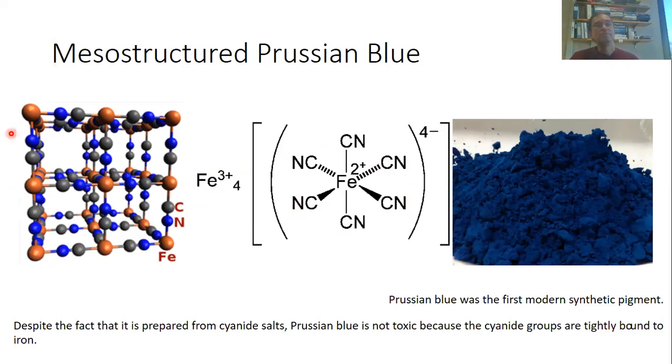And you see here the final structure that results. So this is a cubic structure, okay, in which the iron 2 plus species are coordinated all by carbon, okay, and the iron 3 plus species, as you see here, are all coordinated octahedrally also by nitrogen.